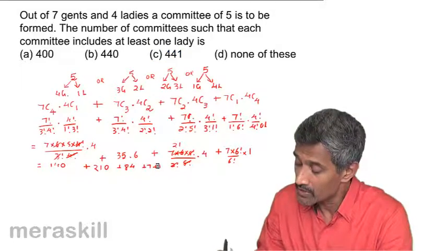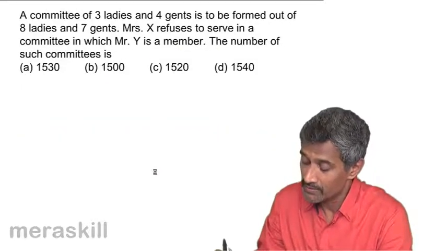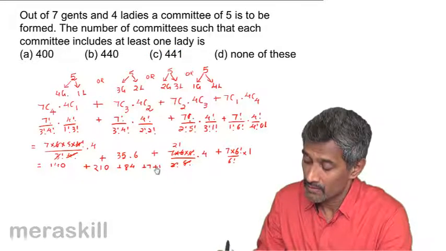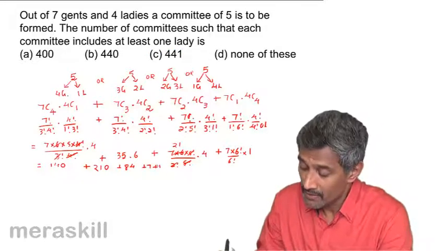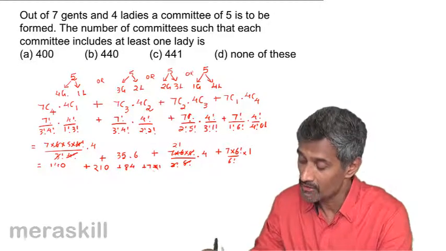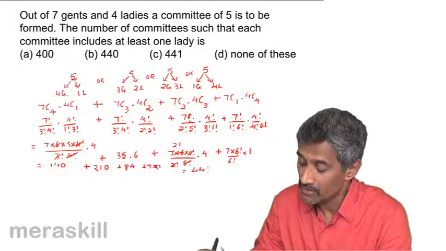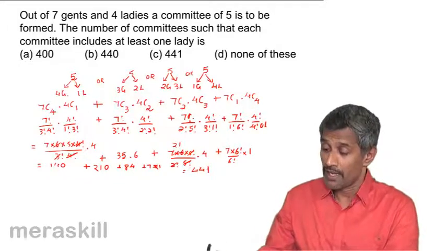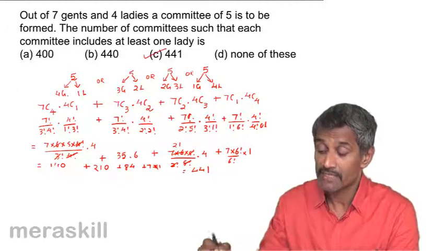It is 7 into 1, so that is just 7. So which will turn out to be 441. And among these we have this as the option.